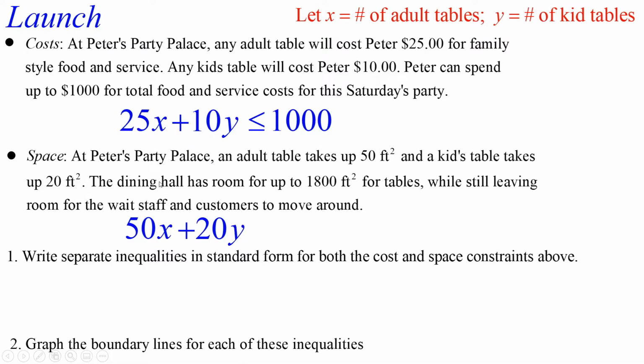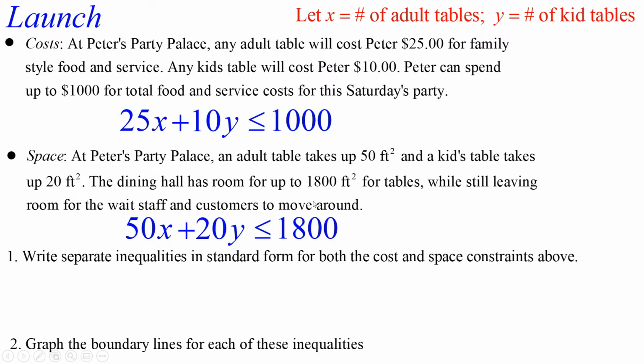The dining hall has room for up to 1,800 square feet. So again, up to, that would be less than or equal to 1,800. All right, and there is our inequality in standard form for the space constraint.